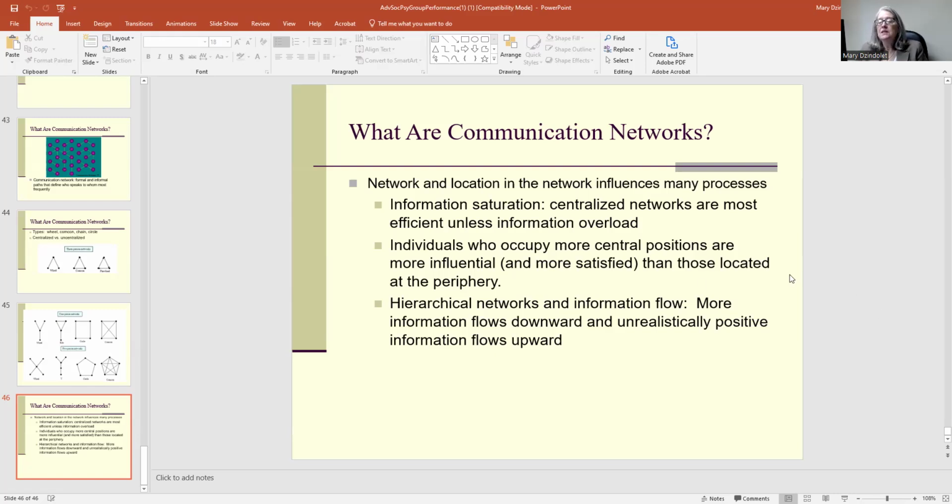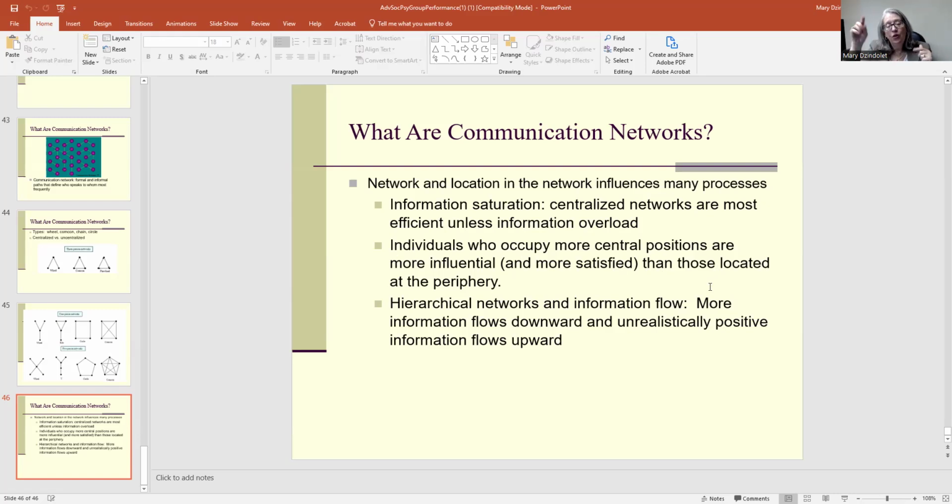So centralized networks are most efficient unless there's just too much information. Individuals who occupy more central positions are more influential and usually more satisfied than those located more at the periphery. And in hierarchical networks and information flow, more information flows downward, and unrealistically positive information tends to flow upward.